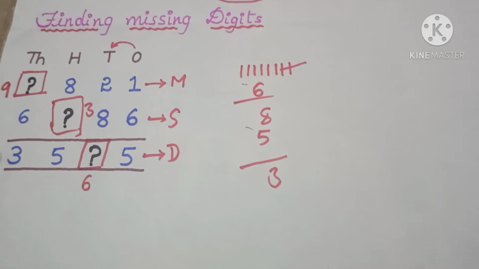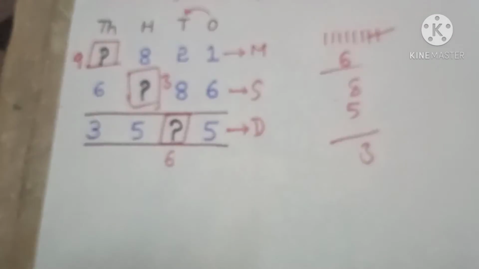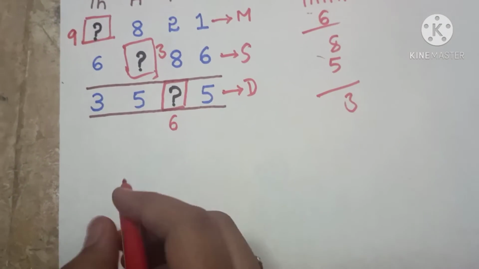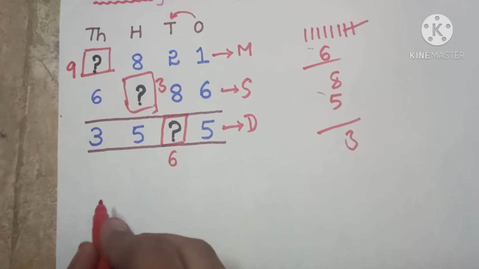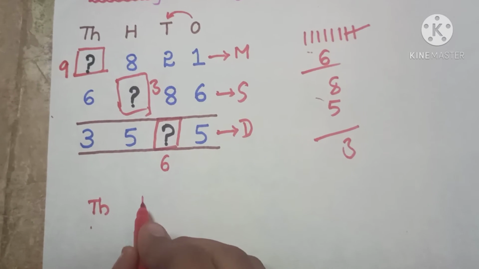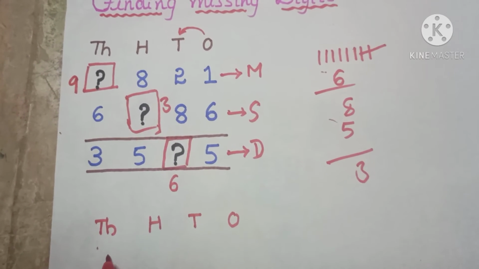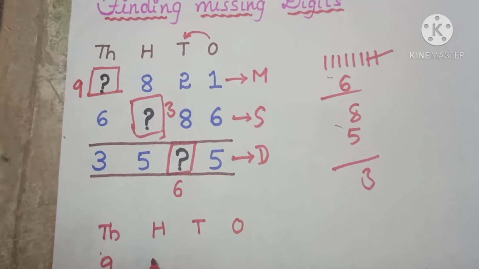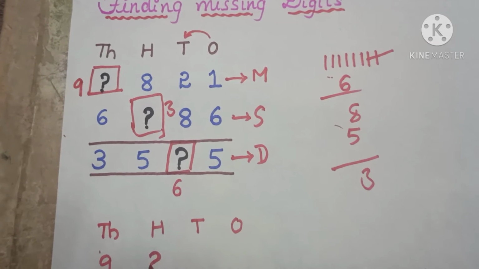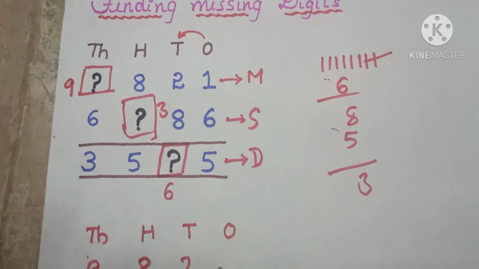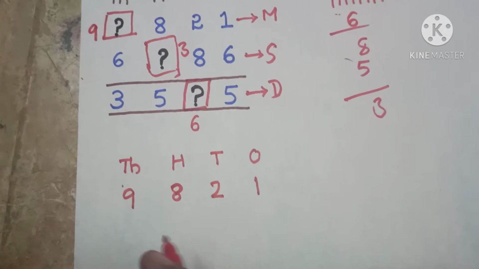Now I'll write the example once again here. In thousands place, hundreds place, tens and ones, here 9, where we have found the value, 8, 2 and 1.